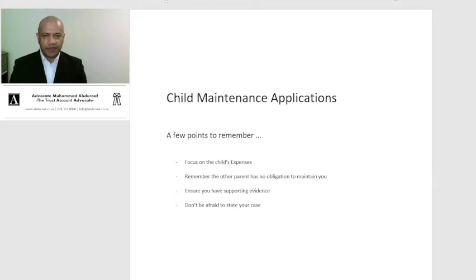Therefore, all your numbers, all your figures, your expenditure needs to be well worked out, because the court can only order the other parent to pay any amount of maintenance based upon the foundation: what does the child cost per month? Full stop. And if we have not determined properly what the child costs per month, how can we properly determine what the other parent should pay?